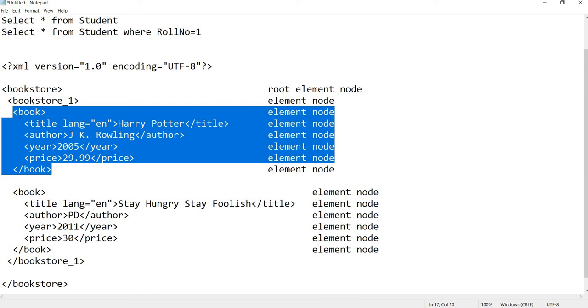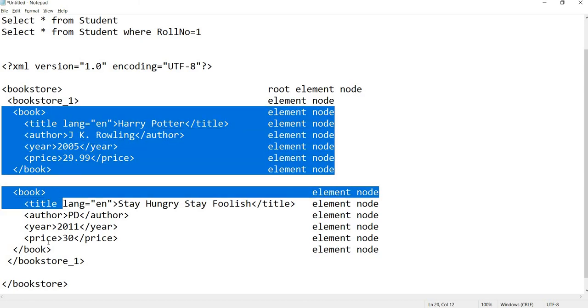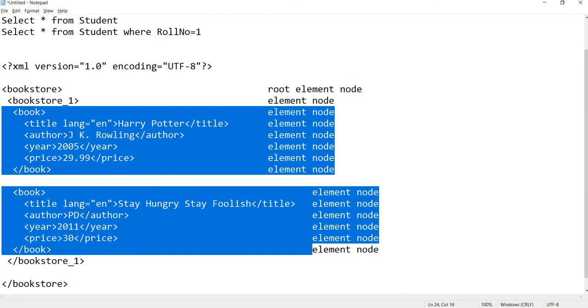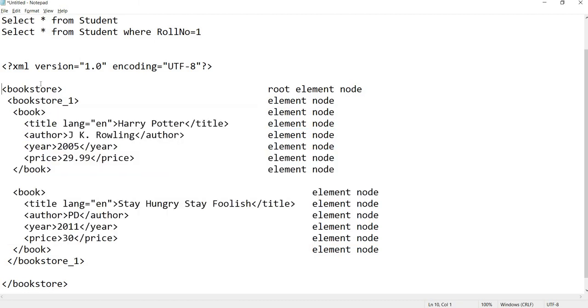Let's understand these two book elements. As far as the bookstore element is concerned, these two book elements are child's children. So bookstore underscore 1 is the child of bookstore, and these two are children of bookstore underscore 1. So they have become grandchildren of bookstore, right? So when you say child of bookstore, it has to be always an immediate child, bookstore underscore 1.